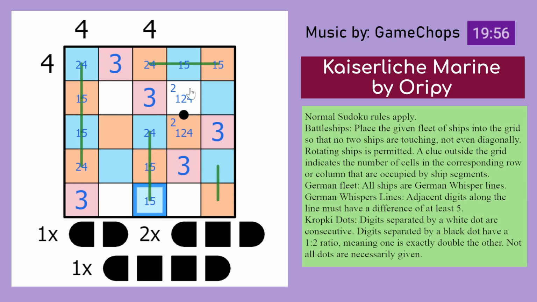Now, we know those 3 digits are the same, but we don't know where it goes in those 4 cells. What else do we have? We know those digits are the same, I guess. Does that do anything?